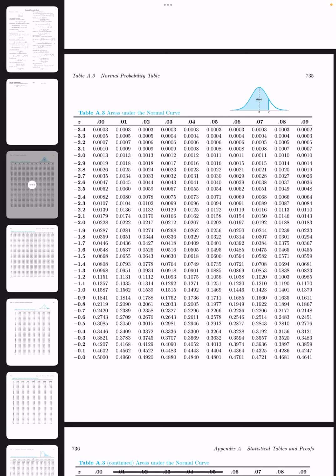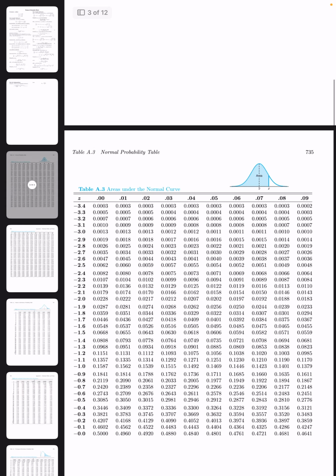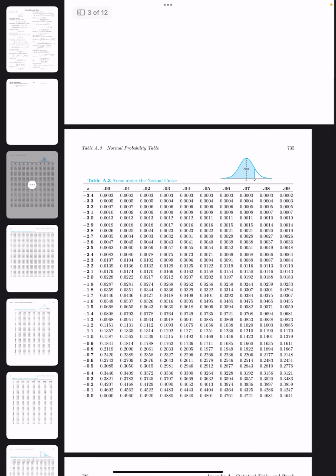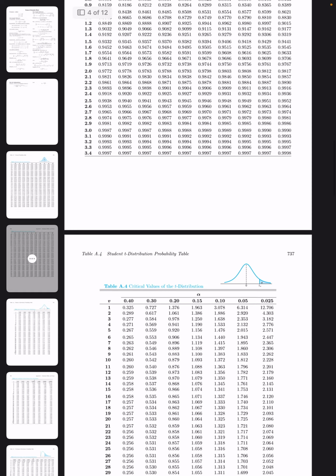So 0.025. Since we're looking for the right side, what we can look for is 1 minus 0.025, which is 0.975.